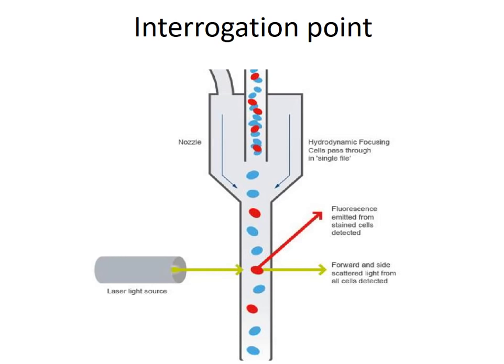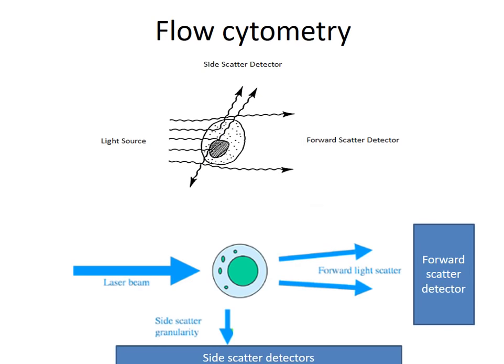And of course, if you direct light against the cell, as soon as it hits the cell, light will get deflected. Okay? And if you have, as we'll come to see later on, a fluorochrome attached to the cell, it will cause fluorescence to be released. But we'll cover that in a little while. What I need you to grasp at this point is you shine a light onto the cell, and as soon as it hits the cell, you get deflection of light. And that leads us on to forward scatter and side scatter.